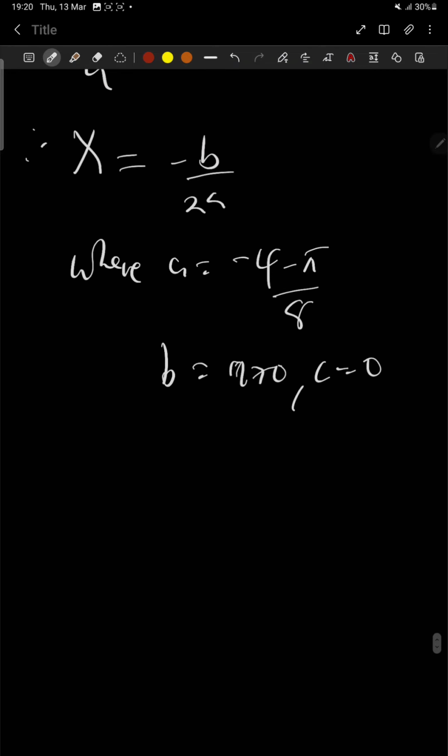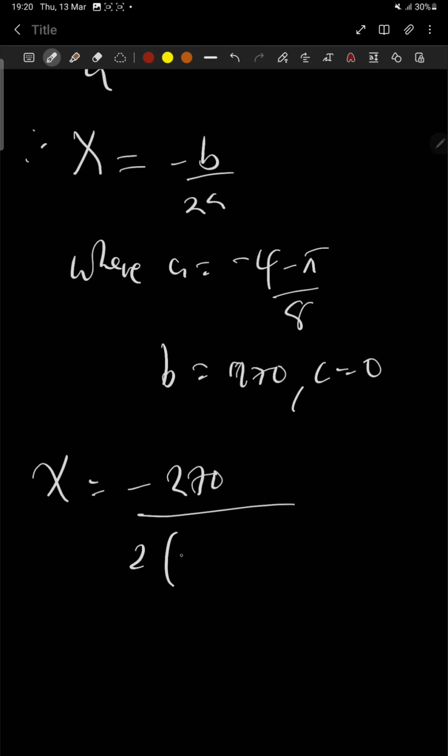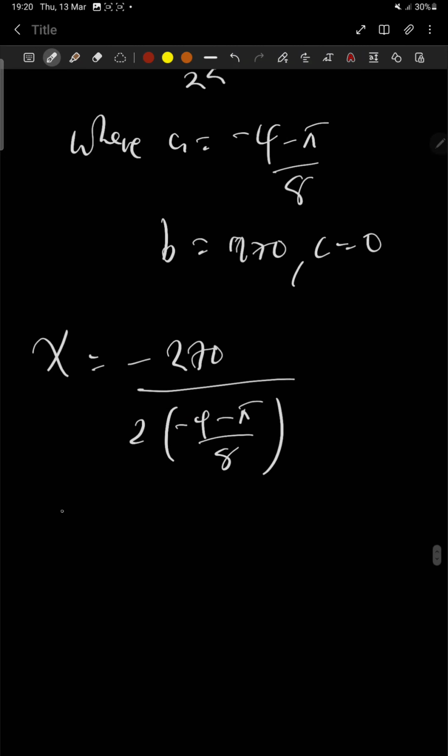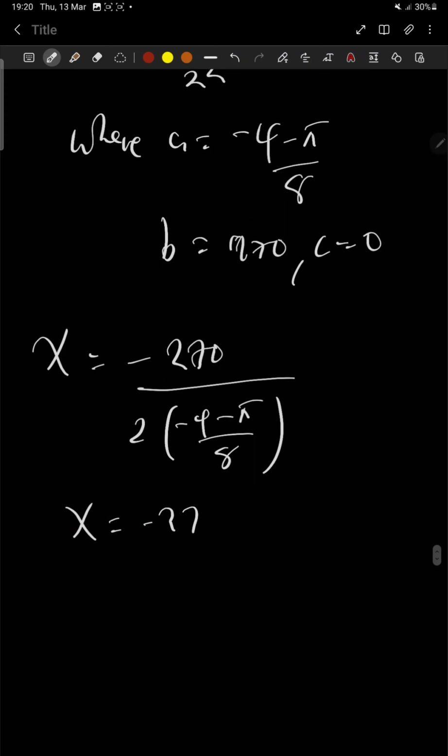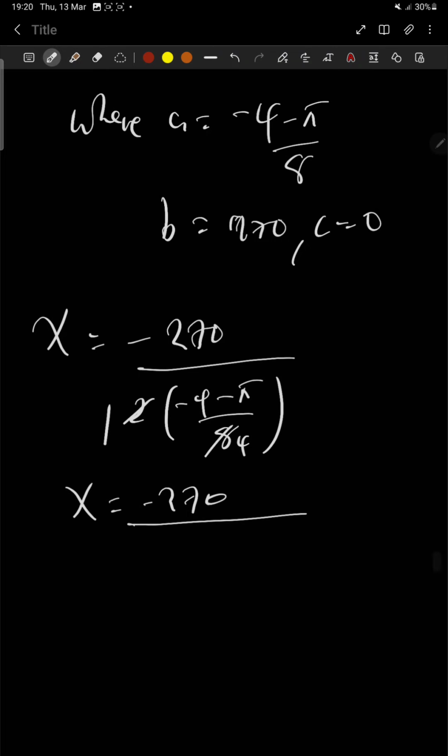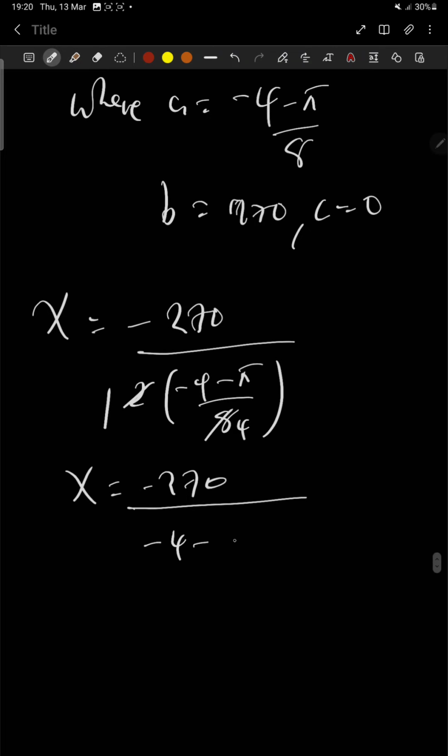So meaning our x will be negative b, which is negative 270 over 2 times negative 4 minus pi over 8. So our x will be negative 270 over 2 in here is 1, 2 in here is 4. It's going to be negative 4 minus pi over 4.